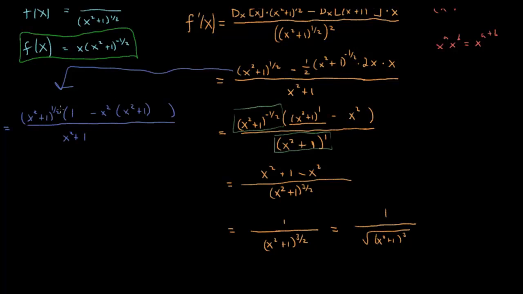So the question is, 1/2 plus what power would give us negative 1/2? I think it's negative 1, right? Because 1/2 minus 1 would give us the negative 1/2 power we needed.